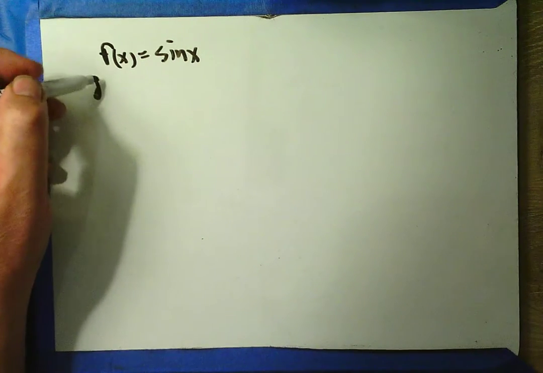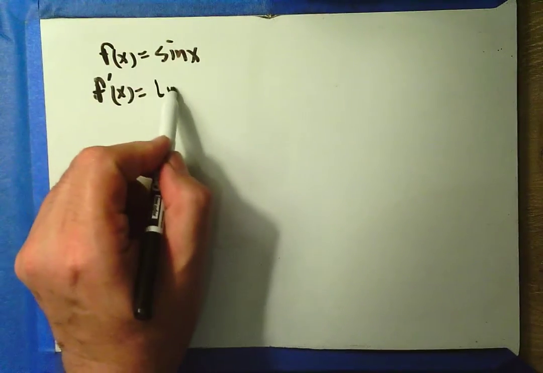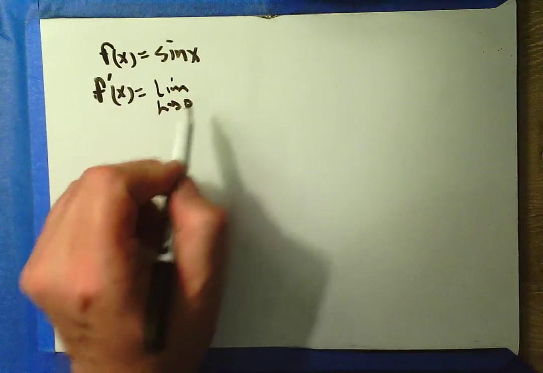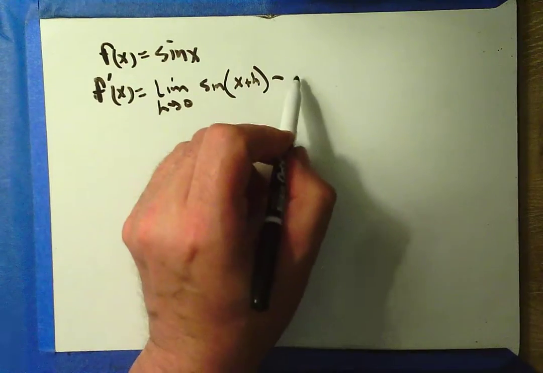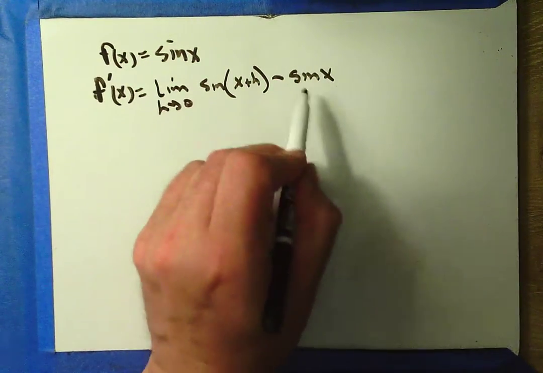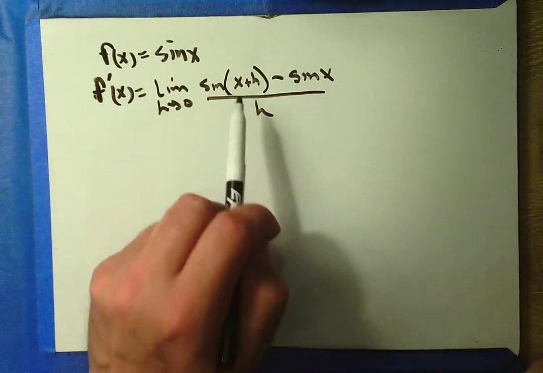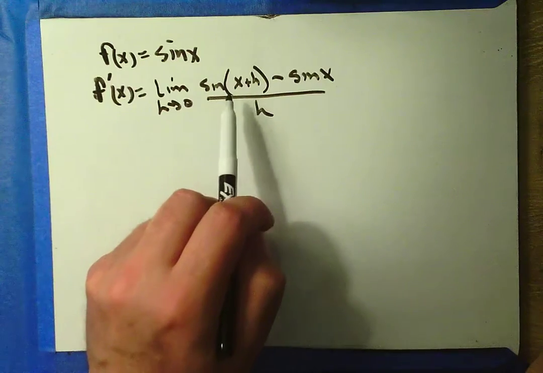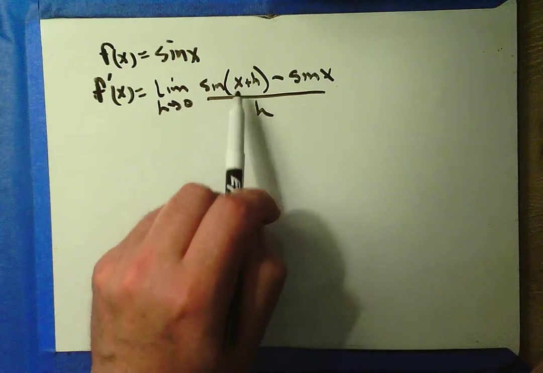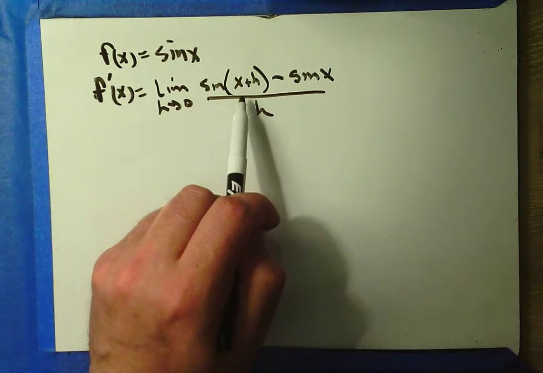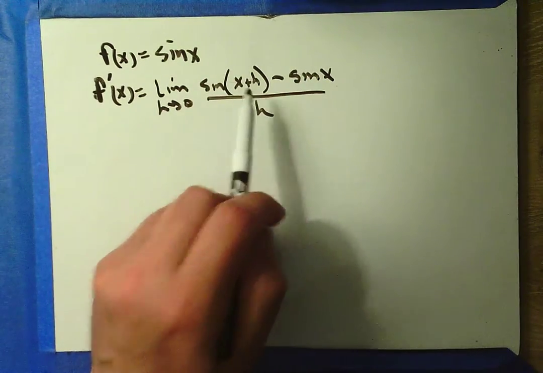If f of x equals sine x, then f prime of x would be the limit as h heads to 0 of sine of x plus h minus sine x, all over h. Please, by all the gods living and dead, do not distribute this sine to this x and this h. This is a sine sum and difference formula. You cannot just distribute sine here.